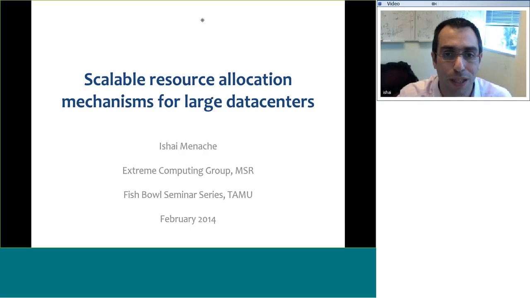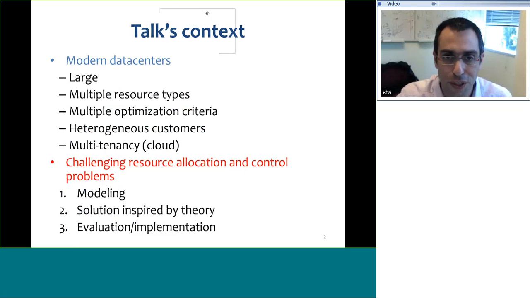When you come up with a resource allocation mechanism, it's not necessarily the most beautiful one or with rigorous proofs, but what's more important is that it can actually work in practice, that if it's being implemented, it's not too complicated, and it takes into account simplicity and other factors. I mean, things that you don't see when you're writing on paper, but you see when you actually confront the real system.